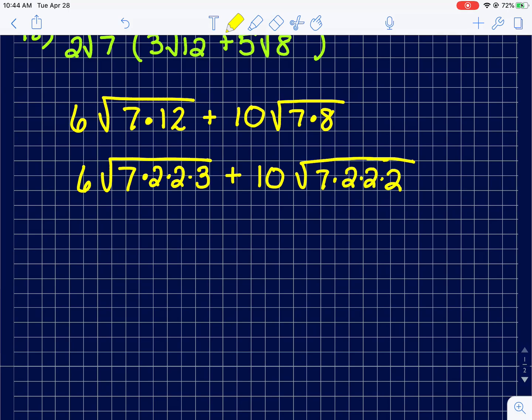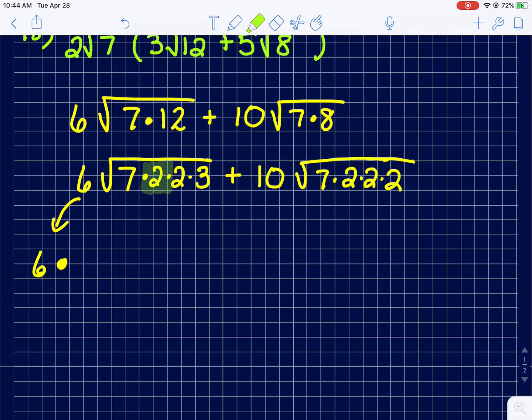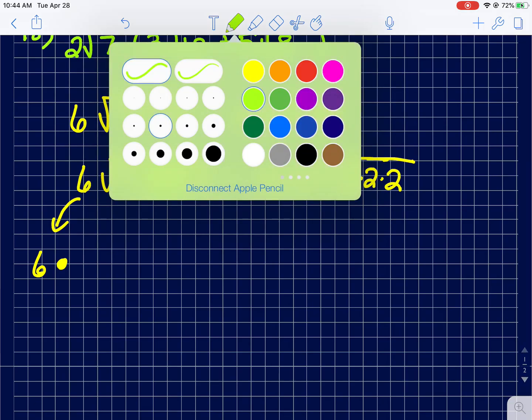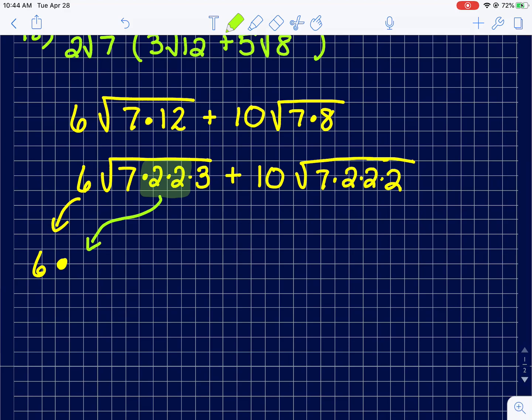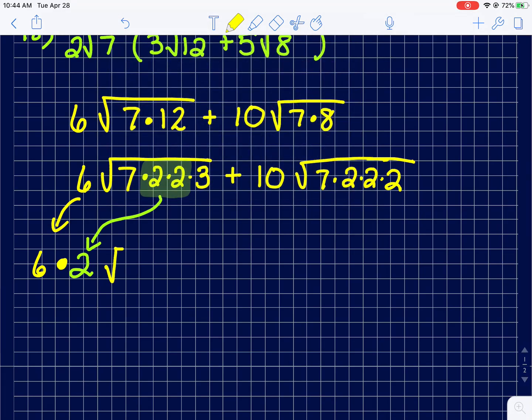The first thing to remember is the 6 is waiting outside to multiply by any escapees. In this case, our 2's can pair up and escape. Again, something horrible happens on the way out. Talk to Miss Sally, and a 2 comes out. Left behind in that square root are our 7 and our 3, which we multiply together to get 21.